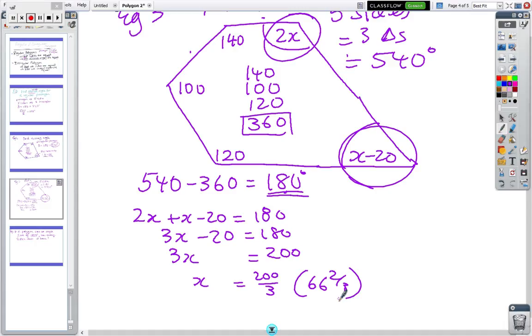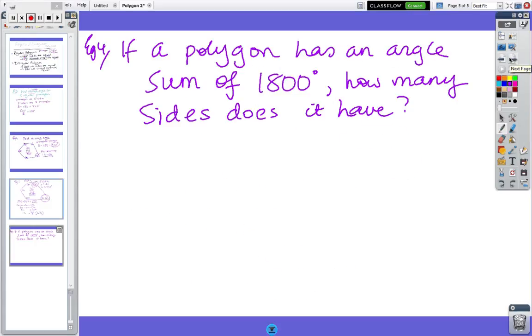I think I've got one more example to go. Okay, so in this last example, I have a polygon that has an angle sum of 1800 degrees, but I don't know how many sides. So what we've got is lots of triangles, and every triangle has 180 degrees. So there's lots of triangles in 1800 degrees.